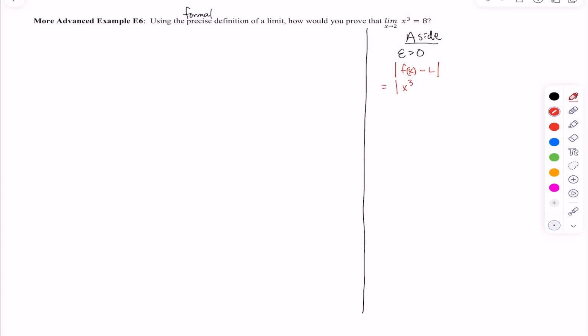Absolute value of x cubed minus 8. That is the difference of two cubes, so we'll go ahead and factor this. And there are the factors of x cubed minus 8.